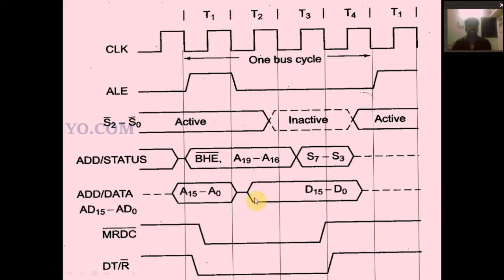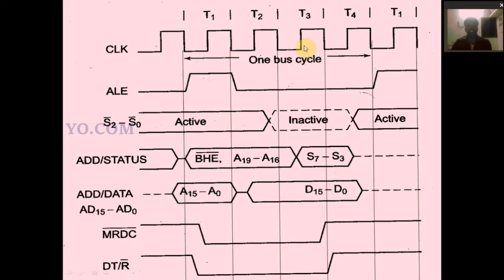Actually, this is the timing diagram for memory read operations. See, the memory read command is used here, so the transceiver acts as a receiver by using this signal. Right.